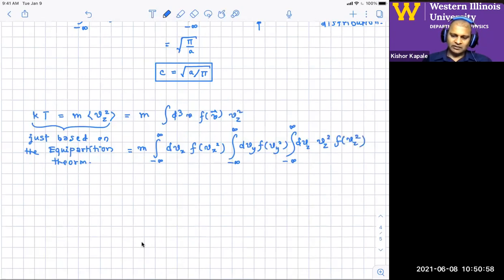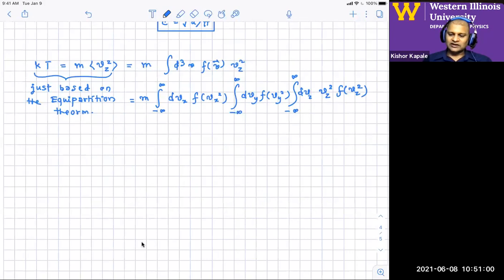Okay, everybody with me? Only this integral is different because of the z component. The x and y integrals are exactly the same.